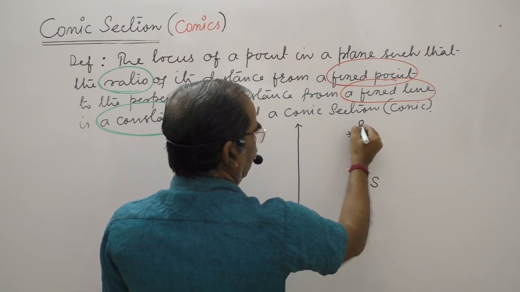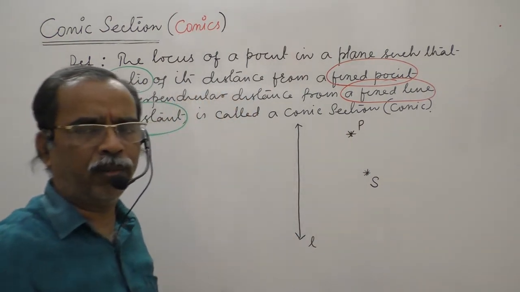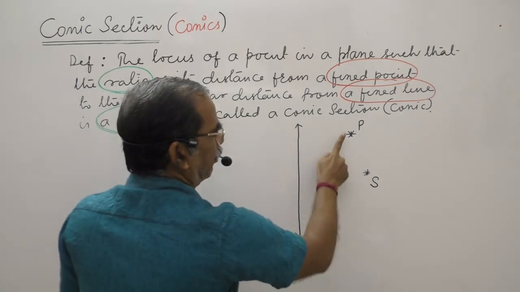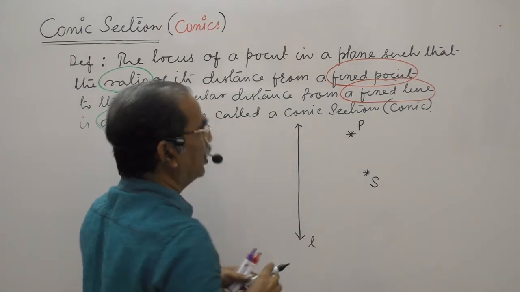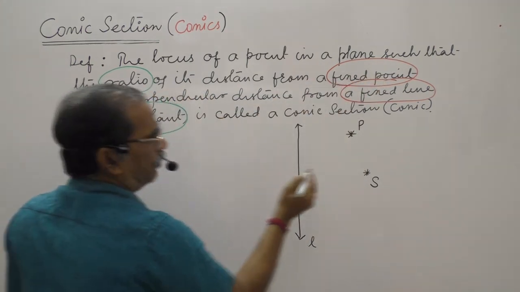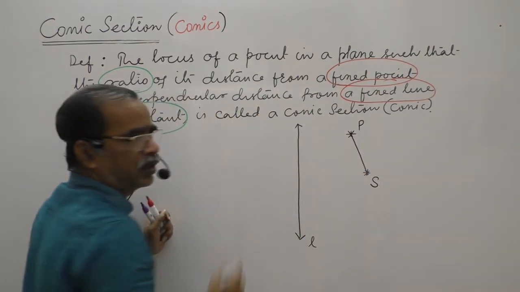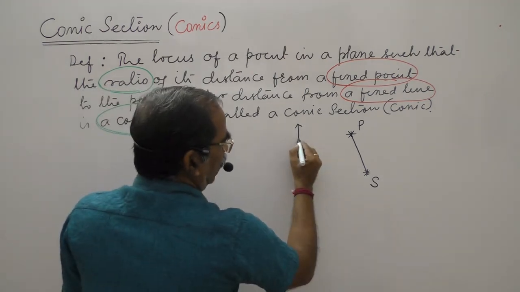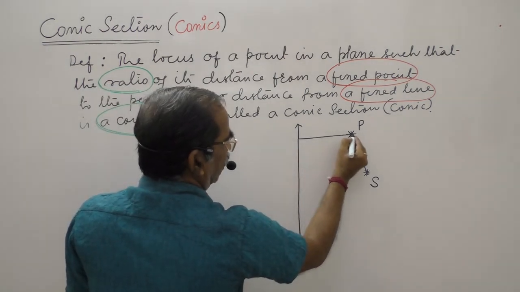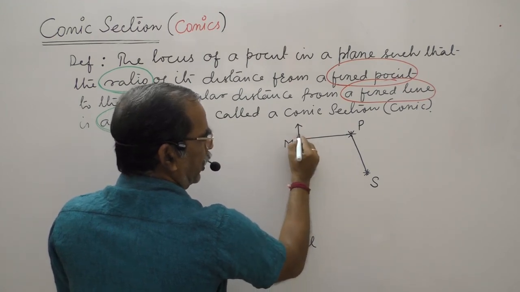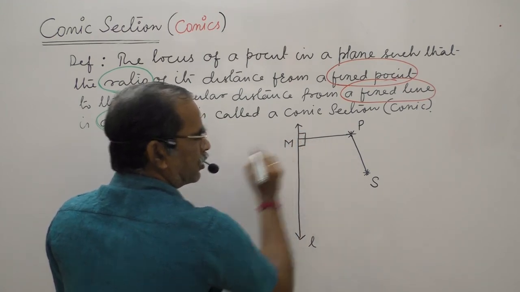What is a conic? A conic is a curve. Curve means it is a locus. Therefore, the locus of a point P such that the ratio of its distance from a fixed point to the perpendicular distance from the fixed line. Say this is the PM distance, the perpendicular distance from this.